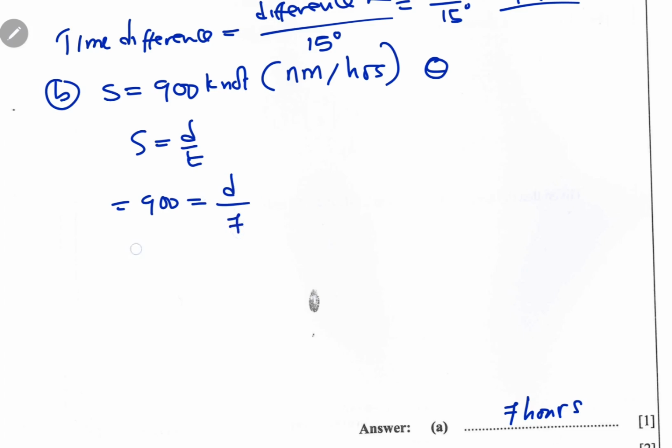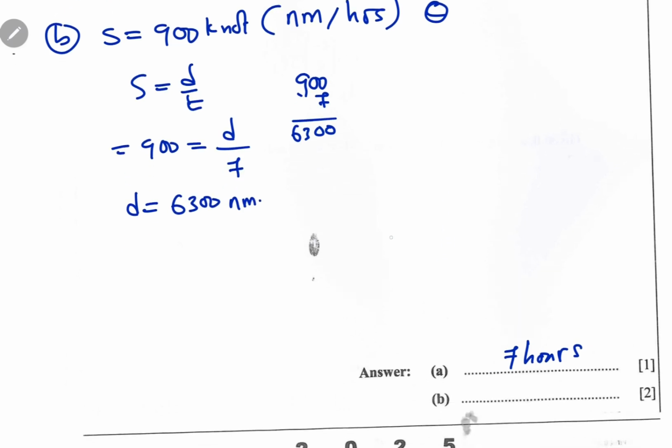Time is 7. So distance is 900 multiplied by 7, which gives us 6,300 nautical miles.